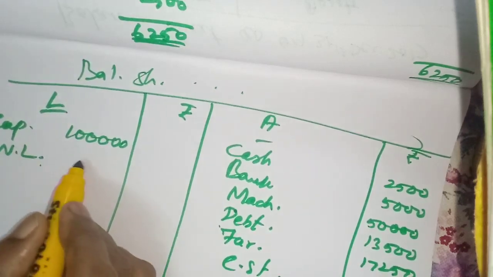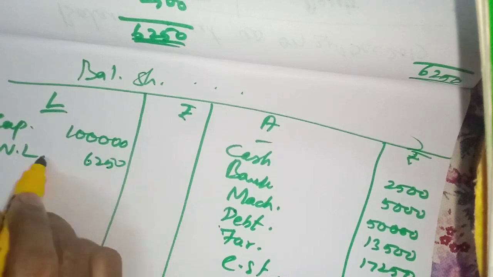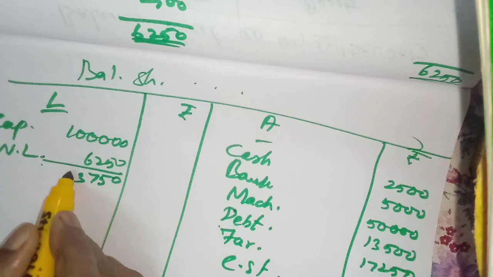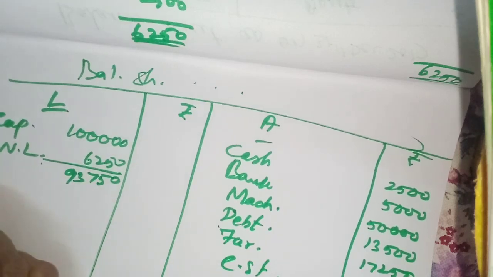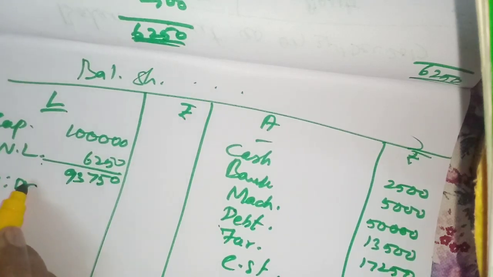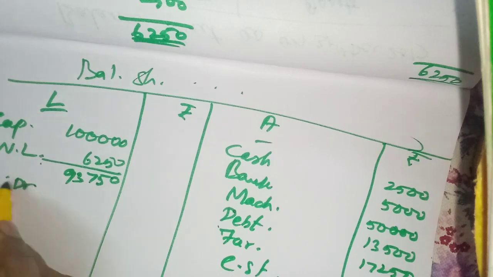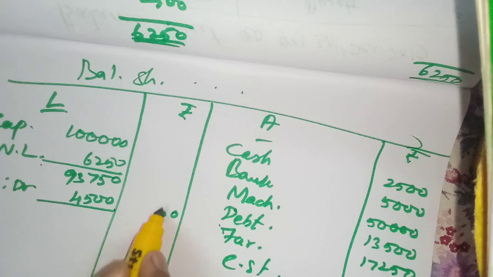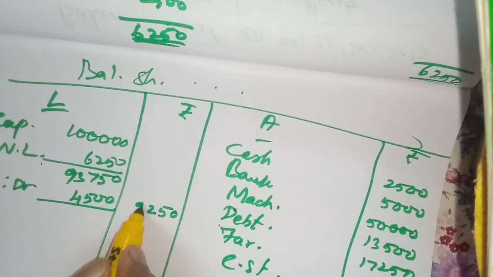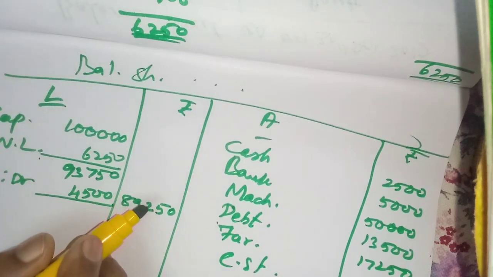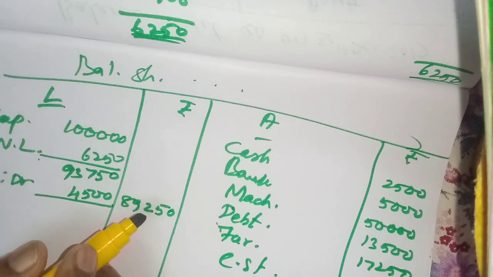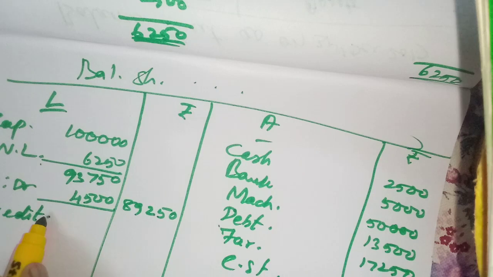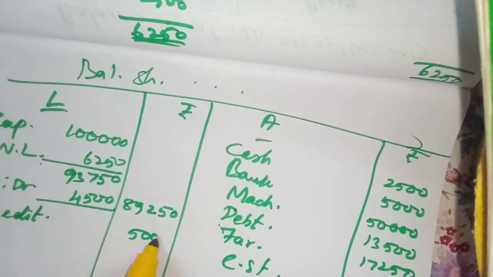Along with this one, we have to deduct the net loss, 6,250. Okay, again we have to deduct drawings. Drawings how much? 4,500. Okay, now we have written the debit side items; on this credit side, creditors 5,000.